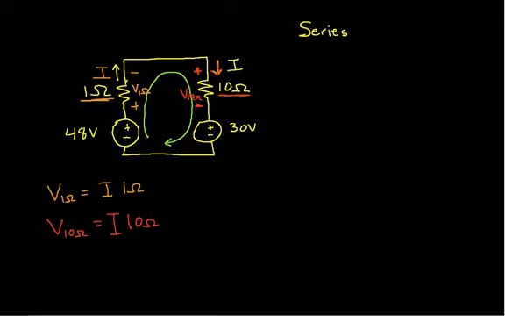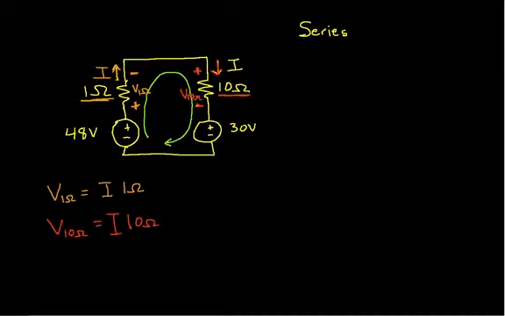In the case of the 1 ohm resistor, I have the current flowing up, and again I've marked it so it's flowing from the higher potential to the lower potential. So knowing the voltages across the resistors, the thing that I don't know in each case is I, but we'll solve for that in just a minute.